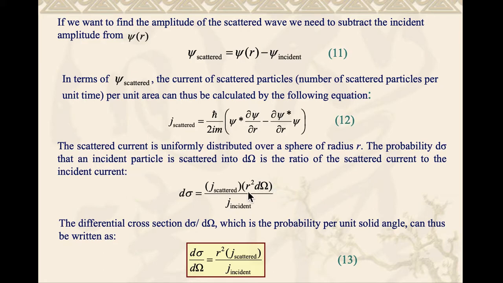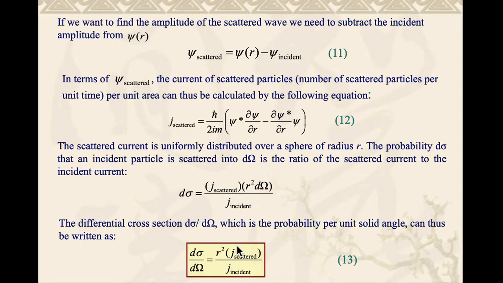That is this area, r square d omega. And the differential cross section you define as d sigma by d omega, which is the probability per unit solid angle, and can thus be written as d sigma by d omega equal to r square j scattered by j incident.